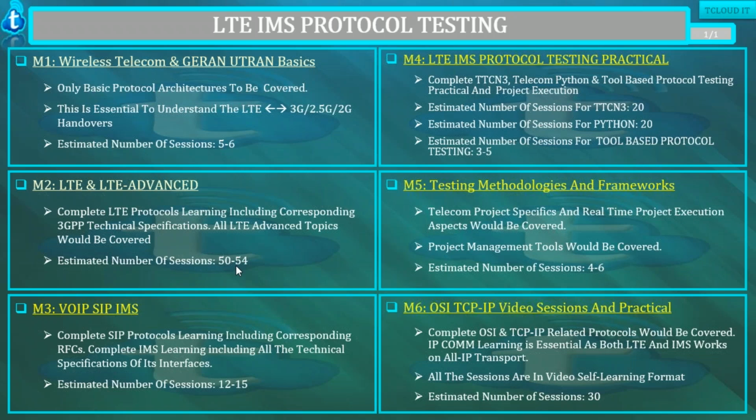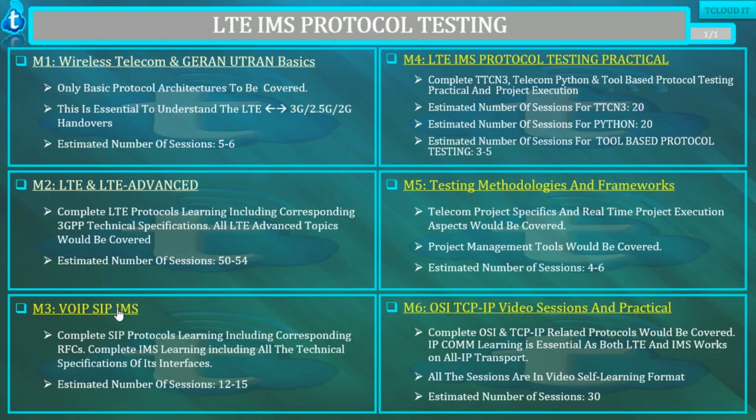This is completely theory sessions, where we would be learning LTE, LTE advanced, related protocols and how they work, and we learn the protocols, we study the test cases, and we understand the meaning of the test cases, all the theory part related to reading the test cases and studying the document specifications that are defined by the 3GPP organization. All those activities we'll do in this second module time.